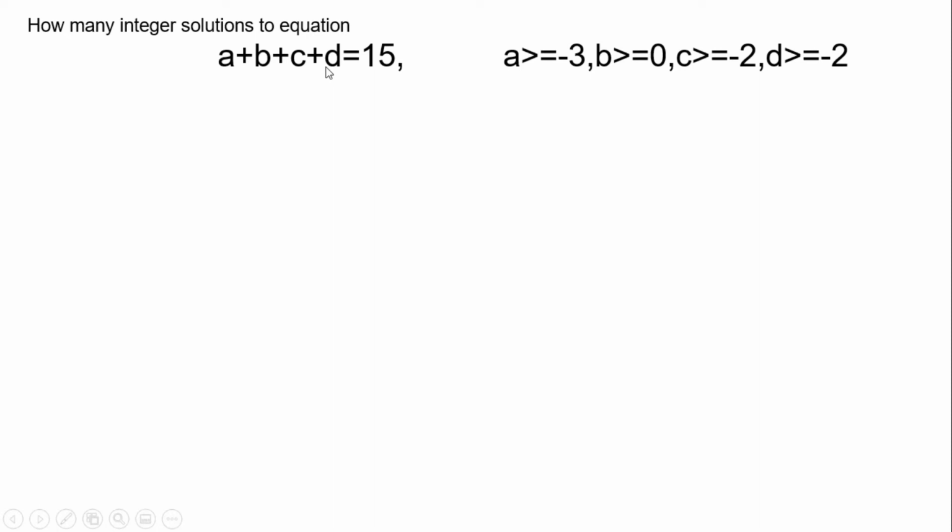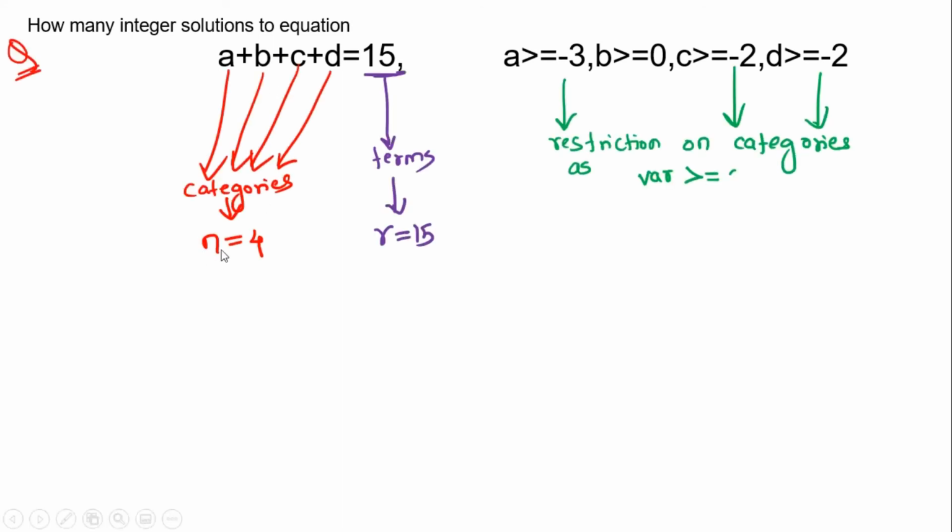Now for any kind of equation where we are using the formula n plus r minus 1 C r, for understanding this formula we have to find the value of n and the value of r. However many variables you have on the left hand side in the addition, that is the value of n, the categories. So the value of n is 4.